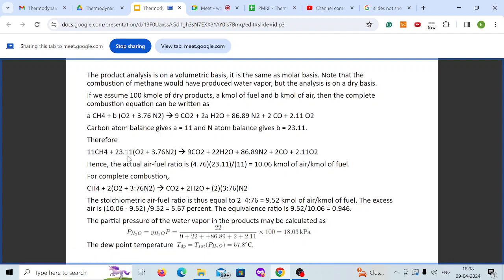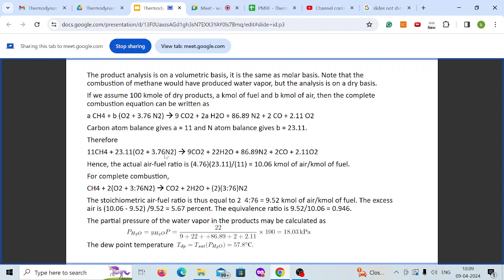Then from here we know how much moles of air we have used. So from this we can find out the air fuel ratio. Air fuel ratio is mass of air divided by mass of fuel, or in terms of moles, moles of air divided by moles of fuel.